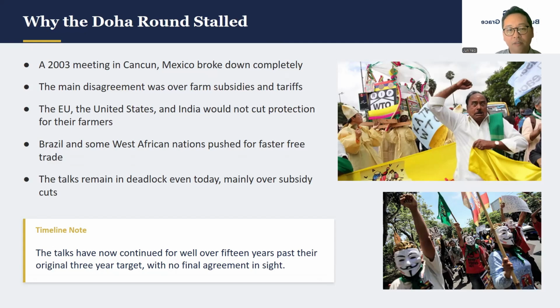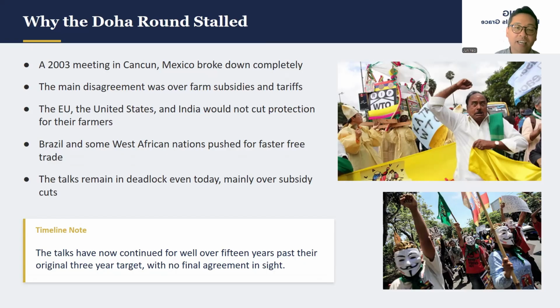As of 2020, negotiators were still discussing a goal of cutting tariffs by 60 to 70% and cutting subsidies in half. But getting every member country to agree to firm numbers has proven extremely difficult.